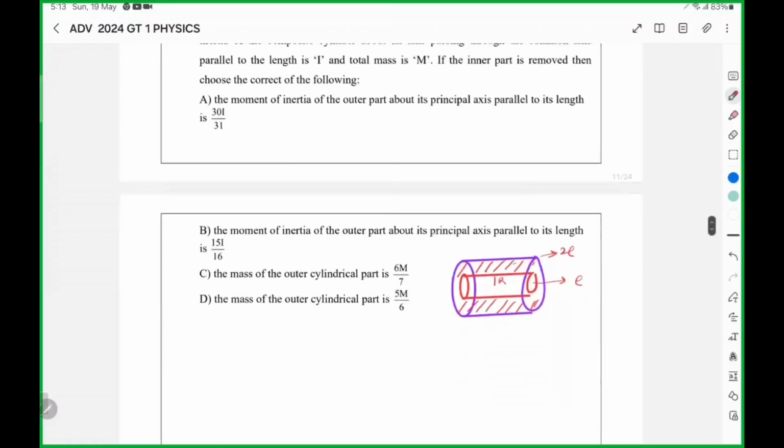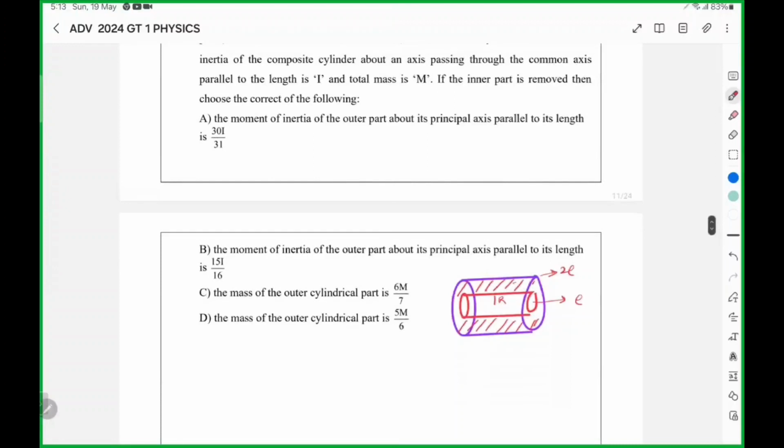The moment of inertia of the composite cylinder about this axis is I.